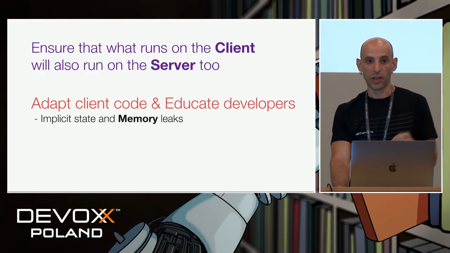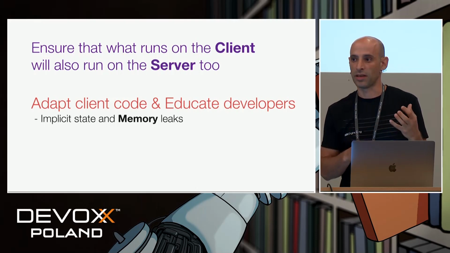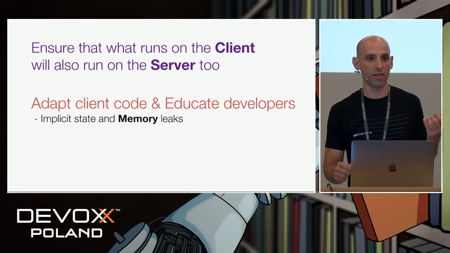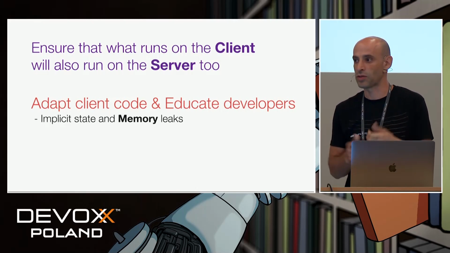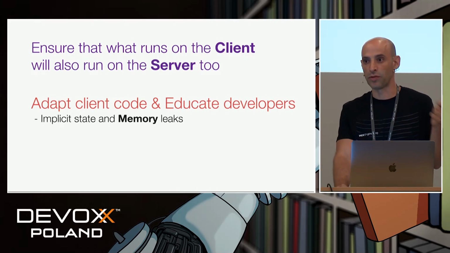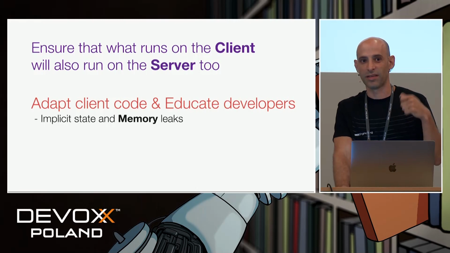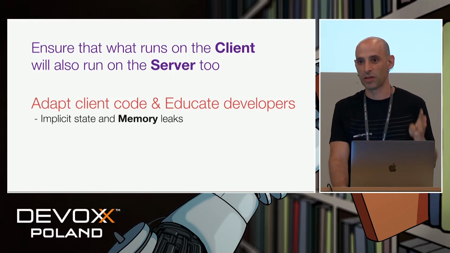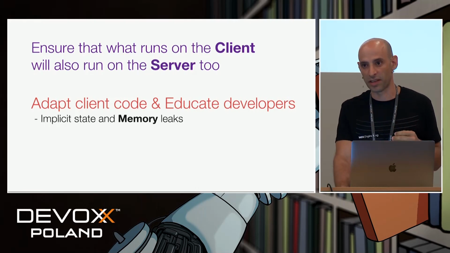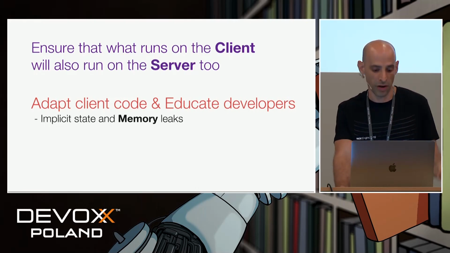So implicit state is an issue. For example, if you have an experiment system and you're randomizing one thing on the browser, and you do that on the server and you store that value, then everybody would get the same experiment. So you have to avoid things like this in the new architecture.